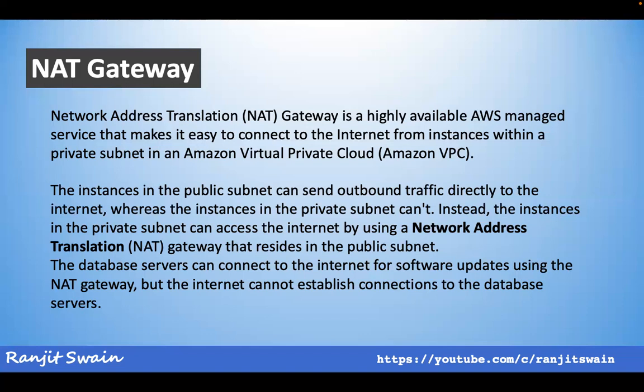By using the network address translation, or NAT gateway. We'll have a demo, or a class, on this NAT gateway, on how we create it and how we see we have access to our applications.